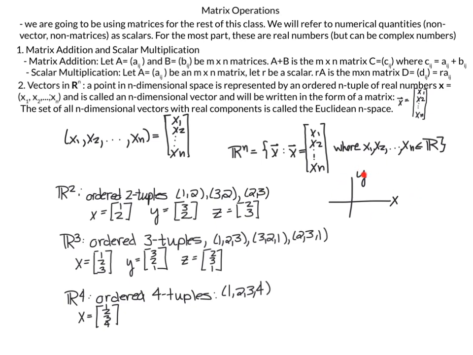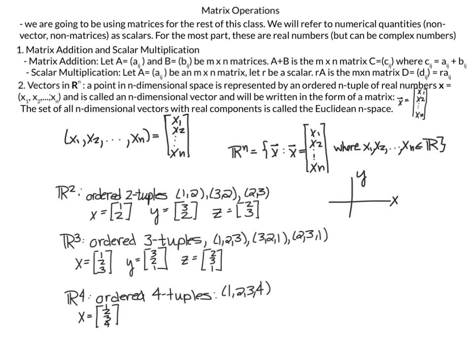You can plot them as you normally would on a Cartesian coordinate system. Here, we represent x as a column vector 1, 2, y is equal to 3, 2, and z is equal to 2, 3. Because they're ordered pairs, y and z have the same components, but they are not equal because the components are in different orders. The 3 comes before the 2 in y, and in z, the 2 comes before the 3.